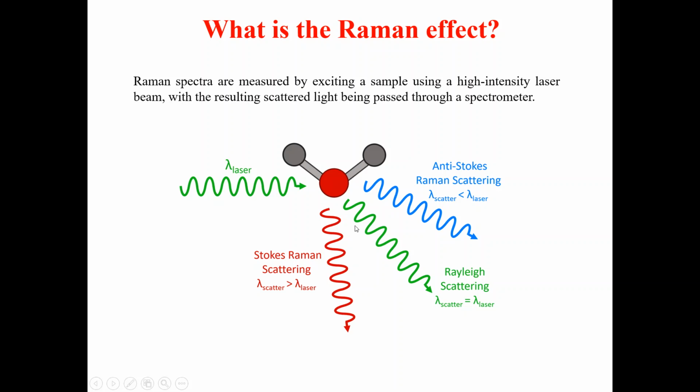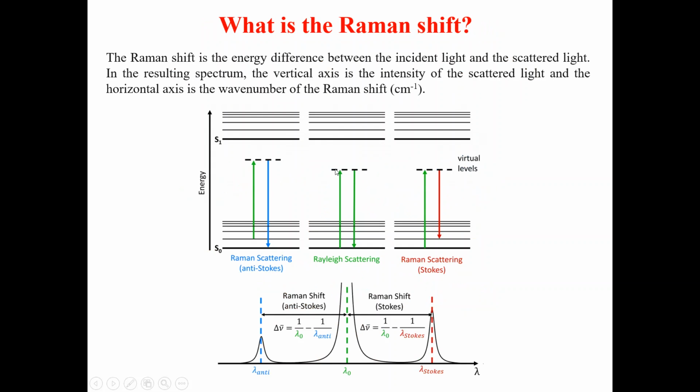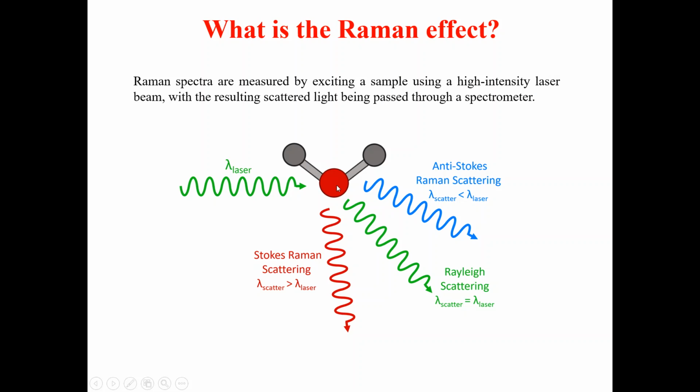Here you can clarify your concept further if you observe clearly. This is a molecule, and here we shine the laser light on the molecule. After that we have scattering, which you can easily observe.